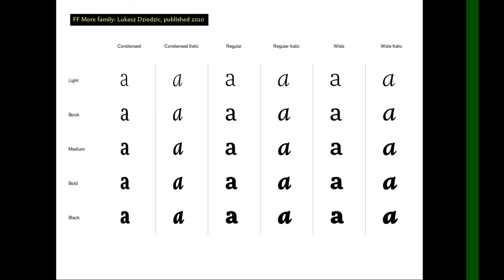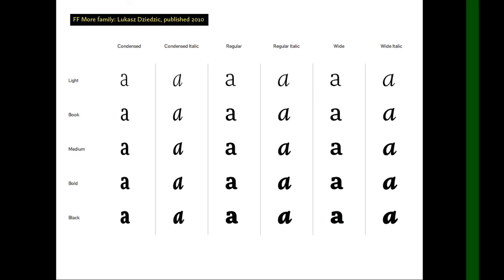The FFmore family, published 2010, 3 widths, 5 weights. I include this just to help make it clear that typeface width is not limited just to sans serif typefaces. It also exists in the world of serif typefaces. It is a little bit more difficult to do.